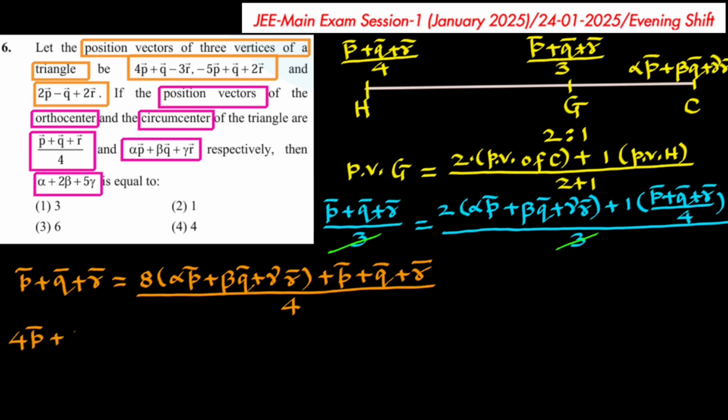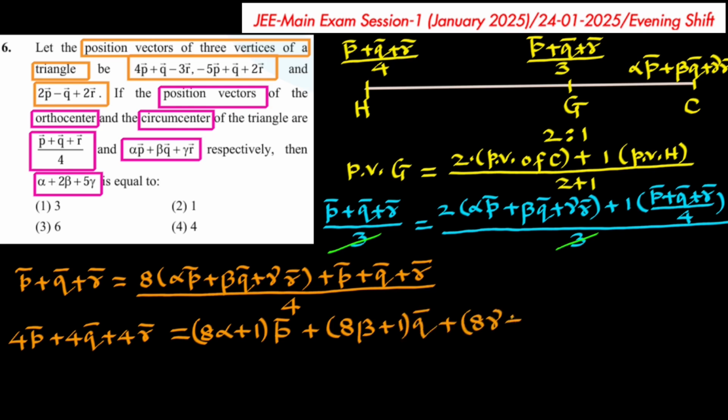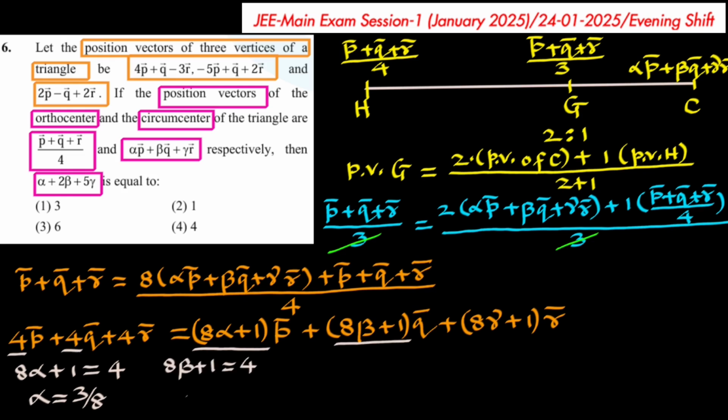4p bar plus 4q bar plus 4r bar equals (8 alpha plus 1) p bar plus (8 beta plus 1) q bar plus (8 gamma plus 1) r bar. Equating coefficients of the like vectors, 8 alpha plus 1 equals 4 gives alpha equals 3 upon 8. 8 beta plus 1 equals 4 gives beta equals 3 upon 8, and 8 gamma plus 1 equals 4 gives gamma equals 3 upon 8.